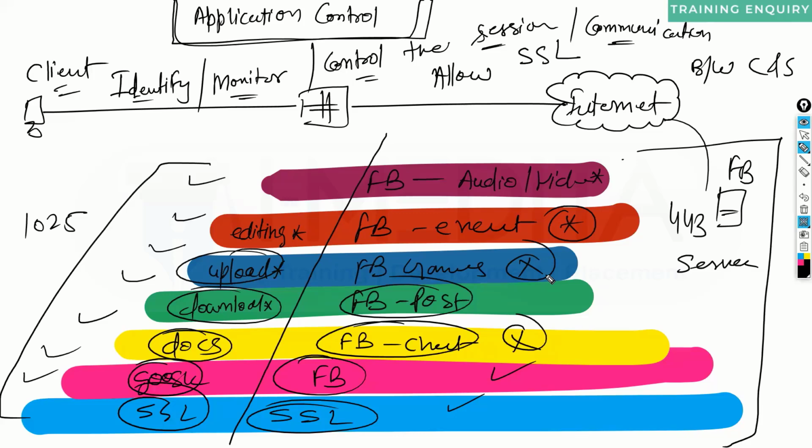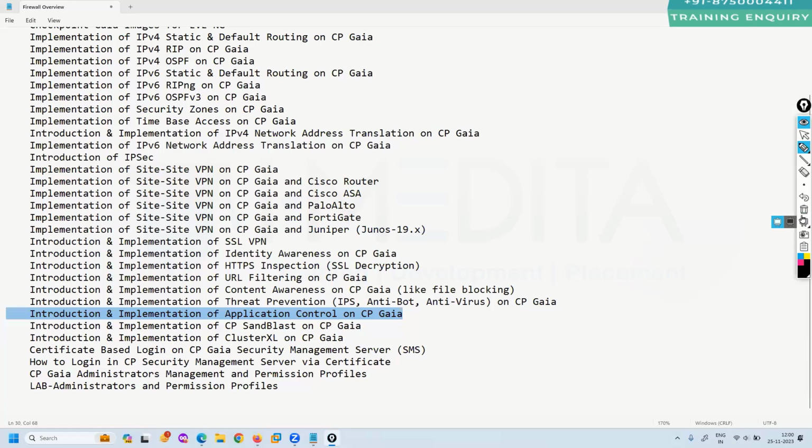And okay, if we are enabling multiple modules, will the device be able to handle all the things at a time, at a stretch? As you know that Palo Alto can handle, then why can't Checkpoint handle?